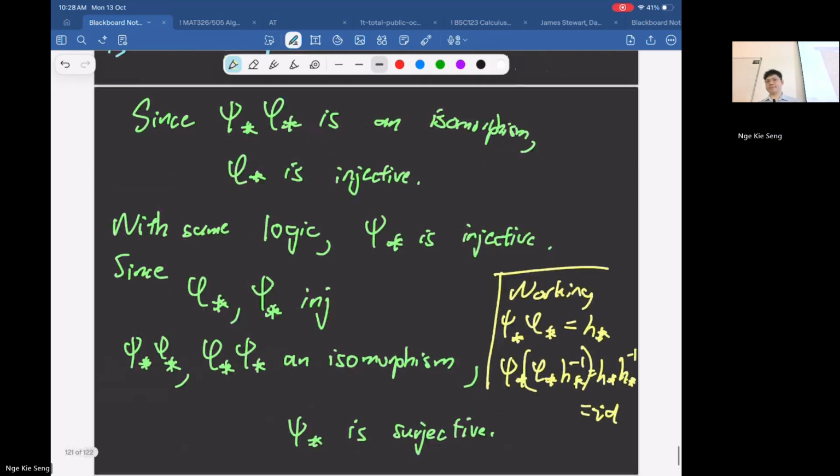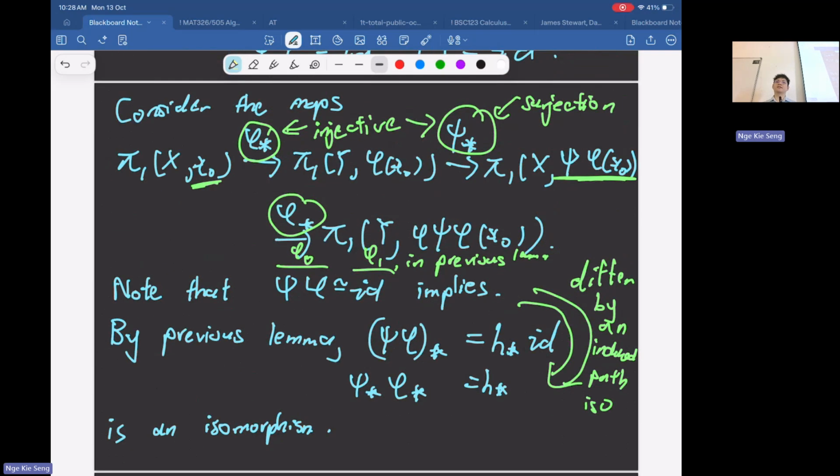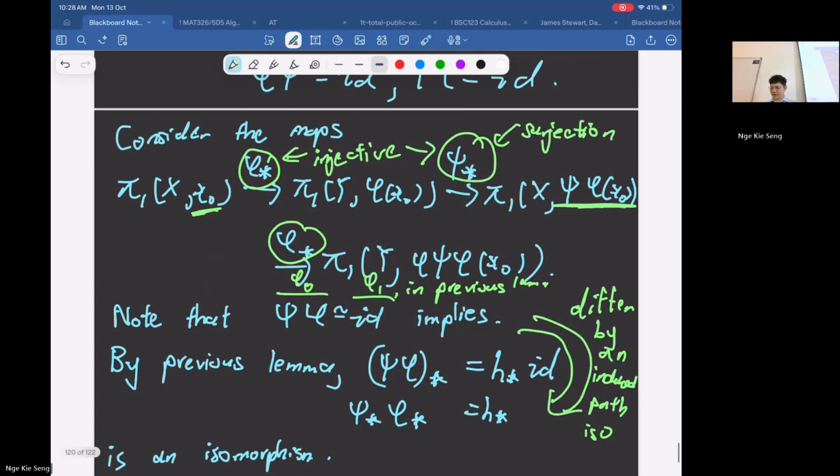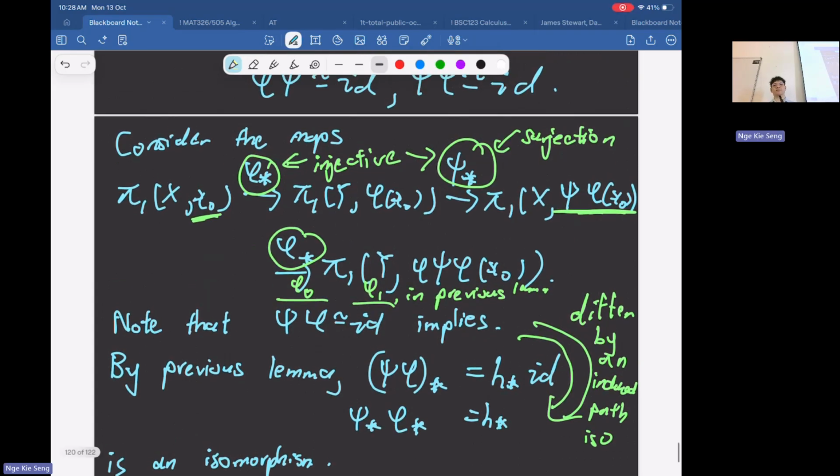Why do we need that base point change? It's just a convenient way to talk about composition. Otherwise, you need to say I change direction. That's the main point.